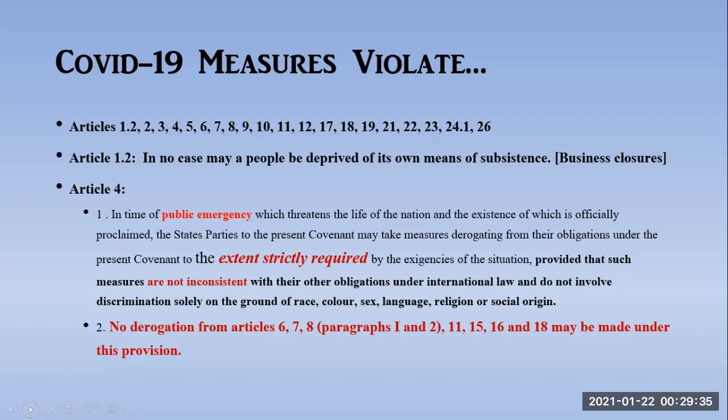The other important article in here is Article 4 that states in time of public emergency, which threatens the life of the nation and the existence of which is officially proclaimed, the states parties to the present covenant may take measures derogating from their obligations under the present covenant to the extent strictly required by the exigencies of the situation, provided that such measures are not inconsistent with their other obligations under international law and do not involve discrimination solely on the ground of race, color, sex, language, religion, or social origin.